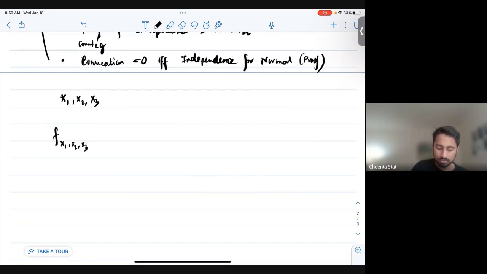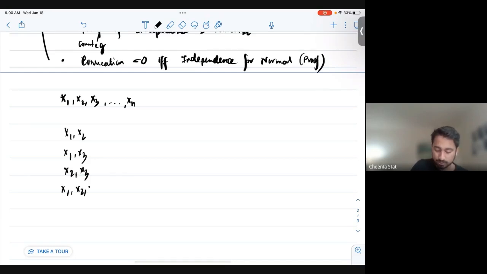If X1, X2, X3 are independent, we have all the conditions: X1 independent of X2, X1 independent of X3, X2 independent of X3, and X1, X2, X3 are independent. All these conditions are very important.